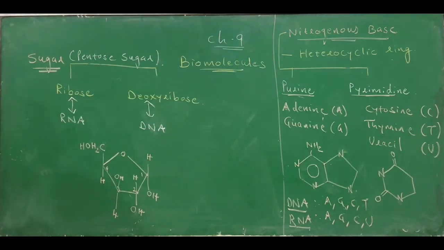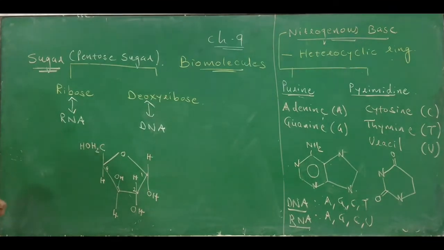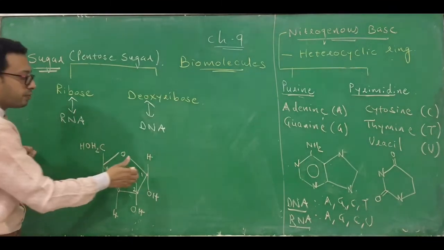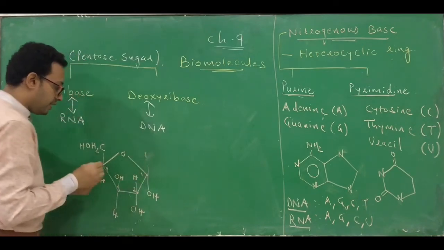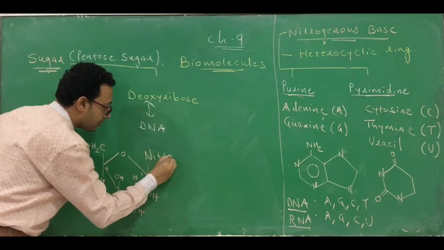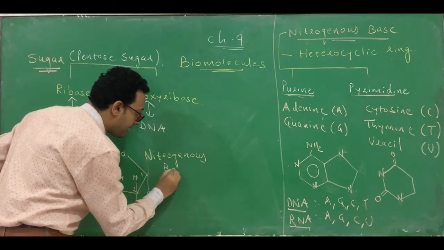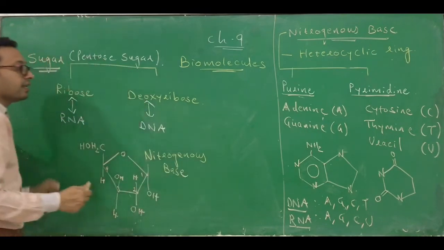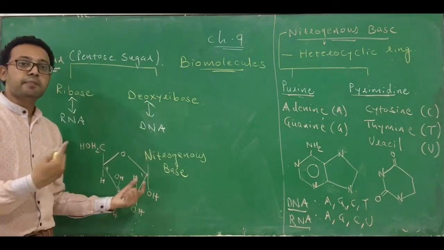But here we are discussing that this is a sugar. The sugar is attached to a nitrogenous base. So where is the nitrogenous base attached? Here the nitrogenous base is attached. It may be adenine, guanine, cytosine, thymine, or uracil, depending on the case.